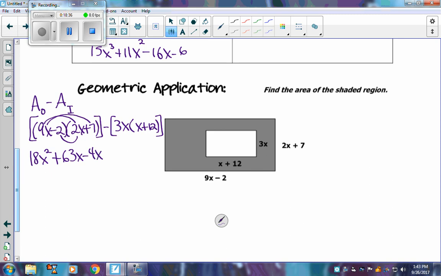And then? Right. Okay, I'm going to keep those grouped together. And now we're going to distribute the 3x. 3x times x. And 3x times 12.